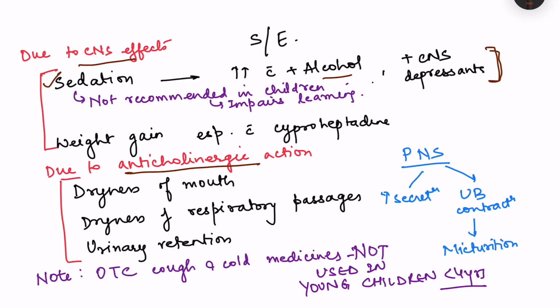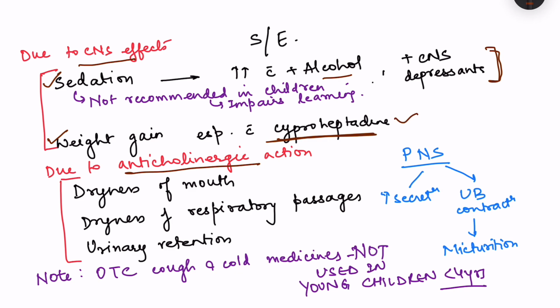Then second side effect is weight gain, because we have seen histamine causes decrease in the appetite. So when we take these drugs, there is increase in the appetite stimulation, and can cause weight gain, especially with cyproheptadine. Okay, and this drug cyproheptadine we will see in the next video on serotonin inhibitors, that is the 5-hydroxytryptamine inhibitors, that this cyproheptadine has that action as well.